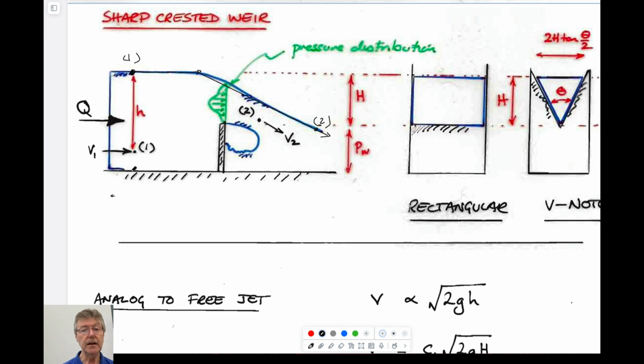You don't quite know that, you could assume it would do this. Or you could write it at a generic point, which is at some depth, and a generic point here, and assume that it goes through here. And so in these weirs, you typically get separation here.